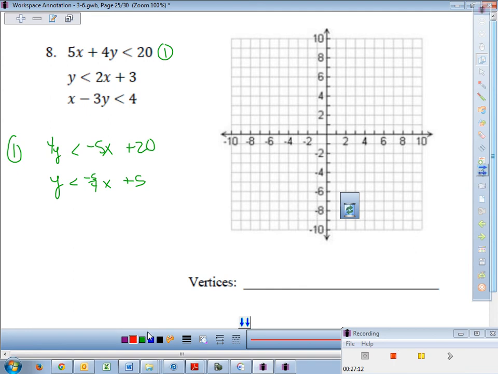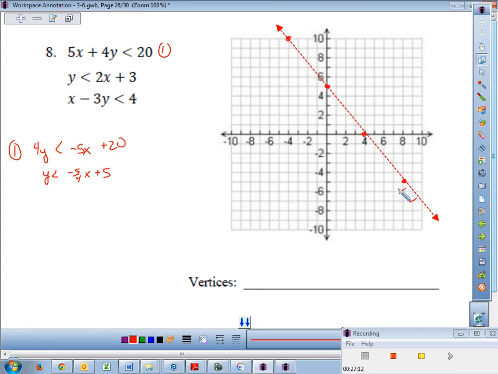Check yours with mine. Starts at 5, down 5 to the right 4, down 5 to the right 4, and that's a dashed line, right? And shaded below it. Put a 1 by it. There's line 1.